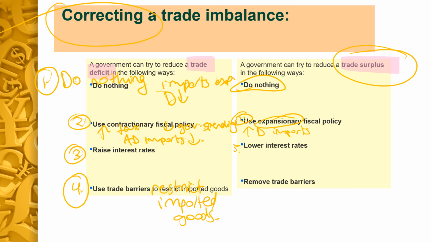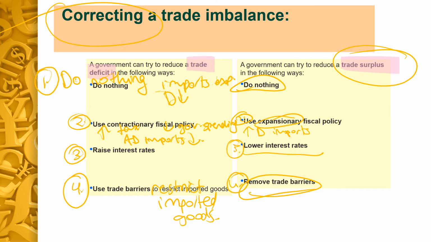And the third one would be lower interest rates, and this will encourage investors to move their savings overseas and also encourage more spending on imports by reducing the cost of borrowing. And finally, it would be removing trade barriers. And that way, they will not be restricting the imported goods.